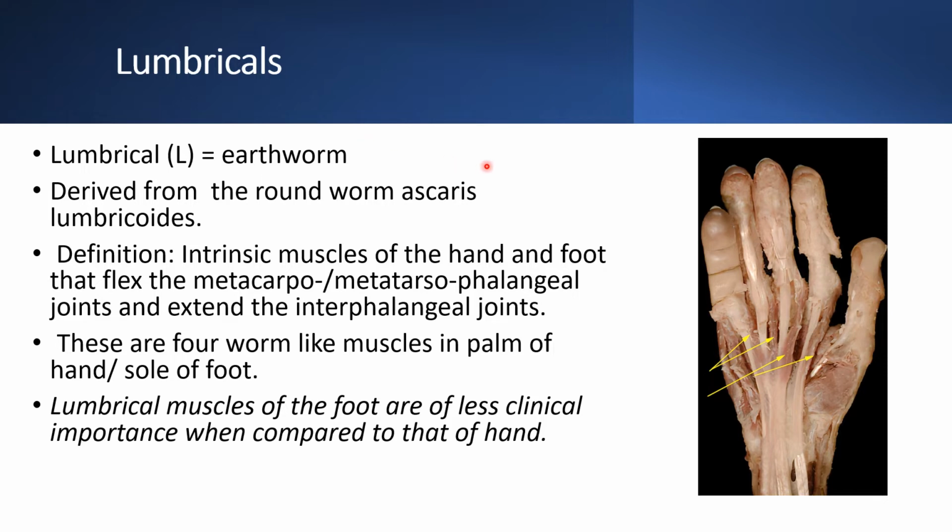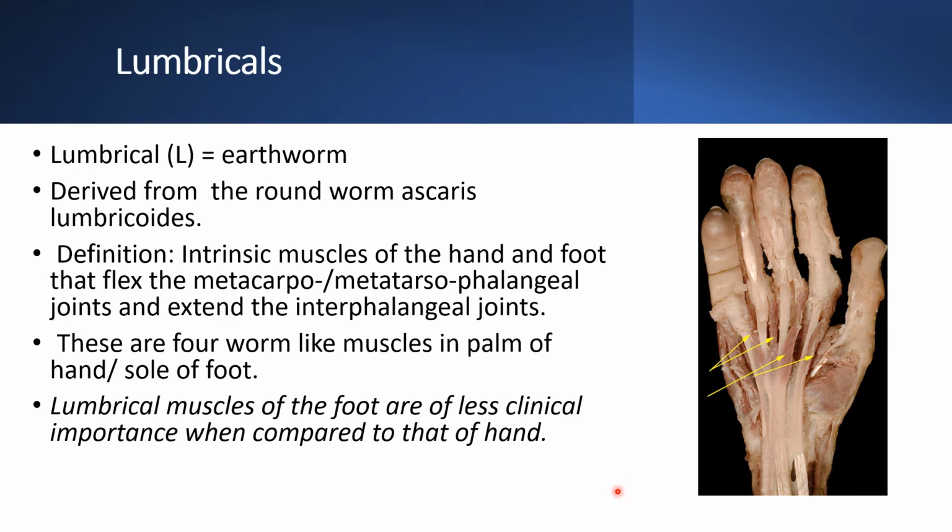The word lumbrical is derived from the Latin, which means earthworm, because they resemble the roundworm Ascaris lumbricoides. That's why they are called lumbricals. So they are small and worm-like. In this picture you are seeing the 4 lumbrical muscles in the palm of the hand.